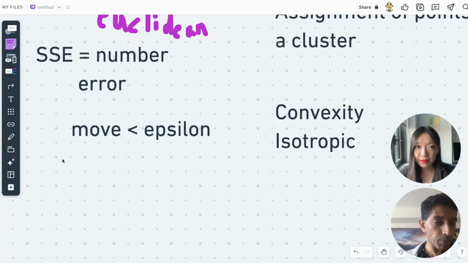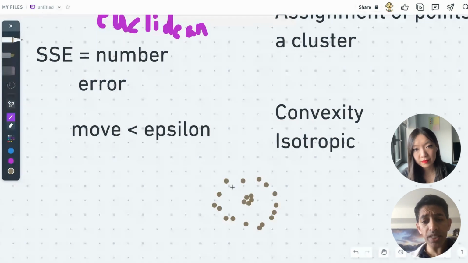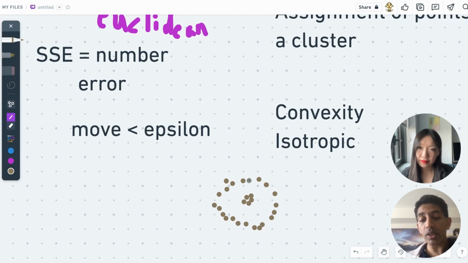A quick example of a set of data that may not converge is something along the lines of this. Imagine our data points are like this. Again, this is a little bit fabricated, but conceivably our data points are in a circle, let's say, and some around like this. In this case, one may not be able to clearly say how many centroids, how many clusters there are.